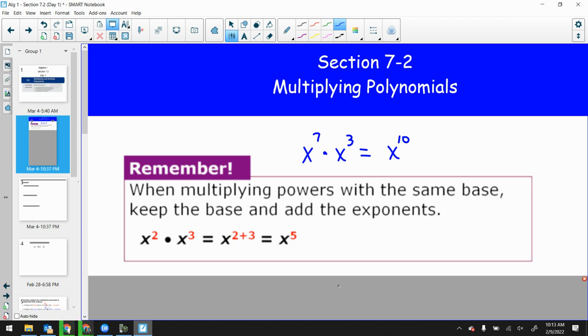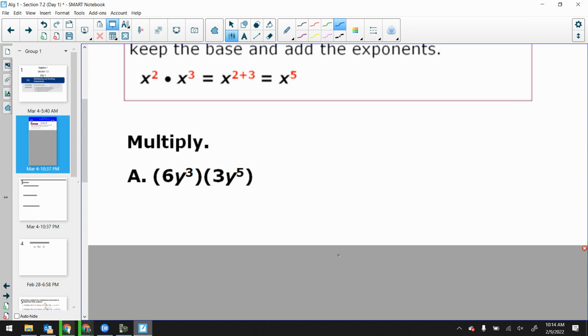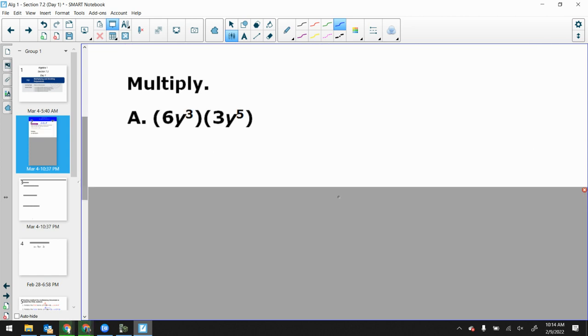Now, to multiply polynomials, we are going to need that every single time. So let's start small. What's the most basic polynomial that we can have? A monomial. So let's take monomials and multiply them together and see what happens. For example, I've got 6y to the third times 3y to the fifth. Do you see any addition or subtraction signs?